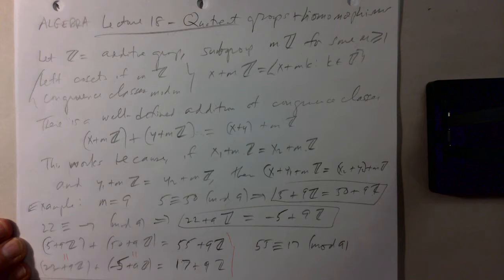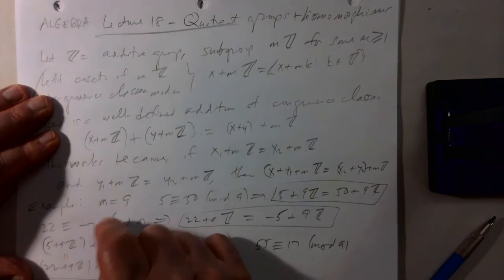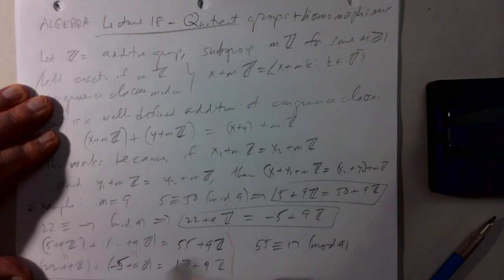So why is my arithmetic wrong? So 5 is congruent to 50. And 22 is congruent to minus 5. I did this all wrong, but I'll make it correct.